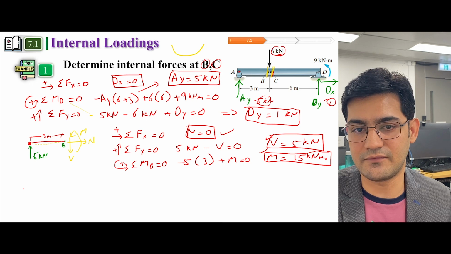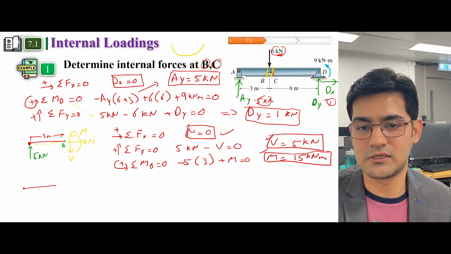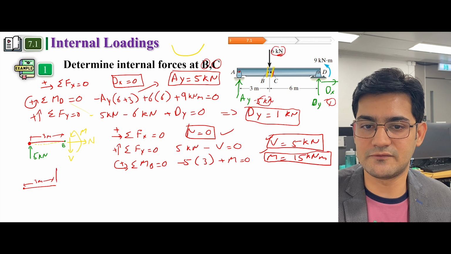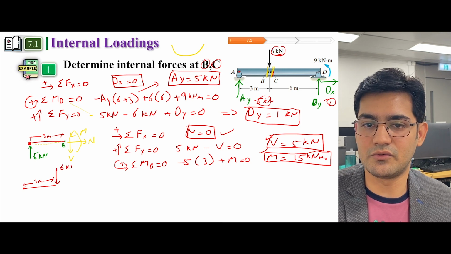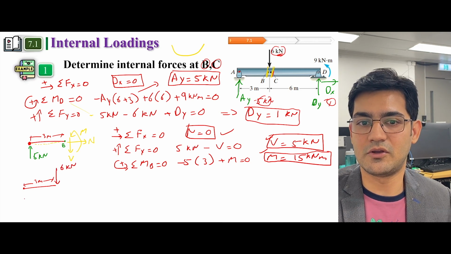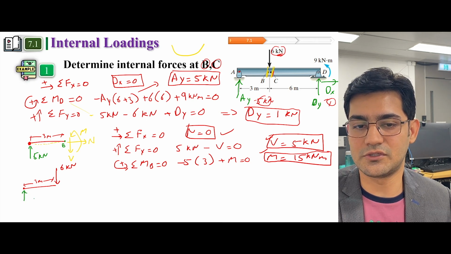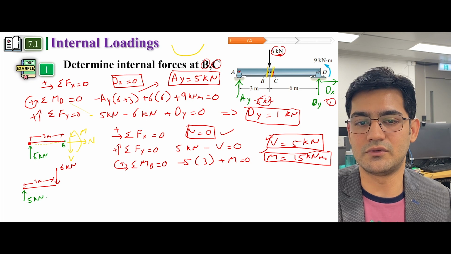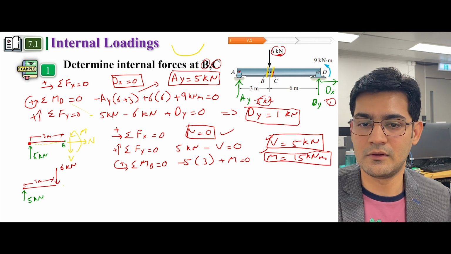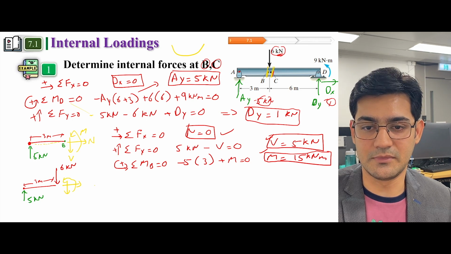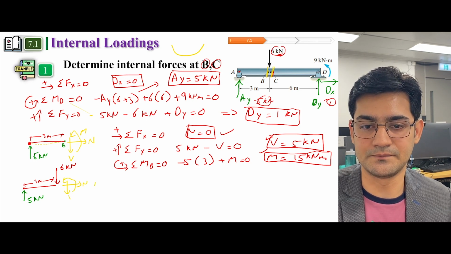In that case, we have to draw this free body diagram again, and the distance is the same, 3 meters, but we have an action force of 6 kilonewton acting on it, and because of this we will have a reaction force of 5 kilonewton, and we will have internal forces which we need to determine in this example.